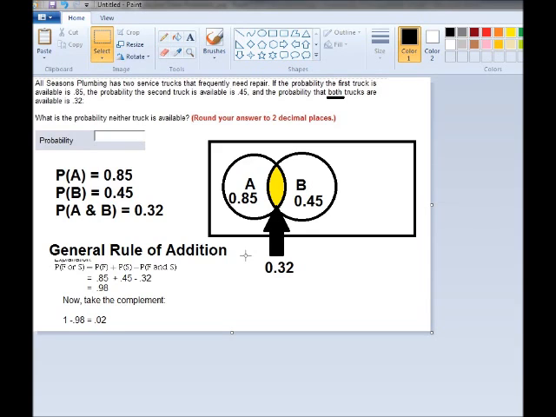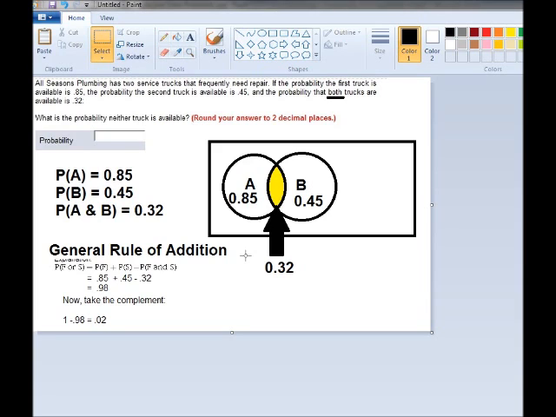Imagine this. I flip a coin. The coin is either going to be heads or it is going to be tails. It can never be both at the exact same time. I roll a die. I'm going to get a number that's on that die. I'll never get two numbers at the same time. So the events are mutually exclusive.